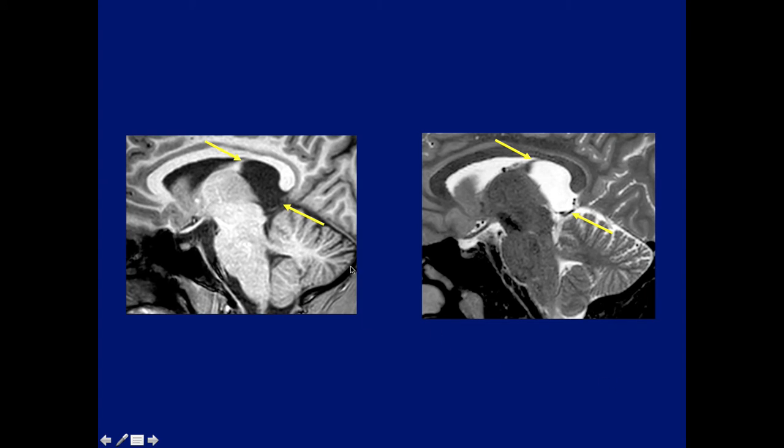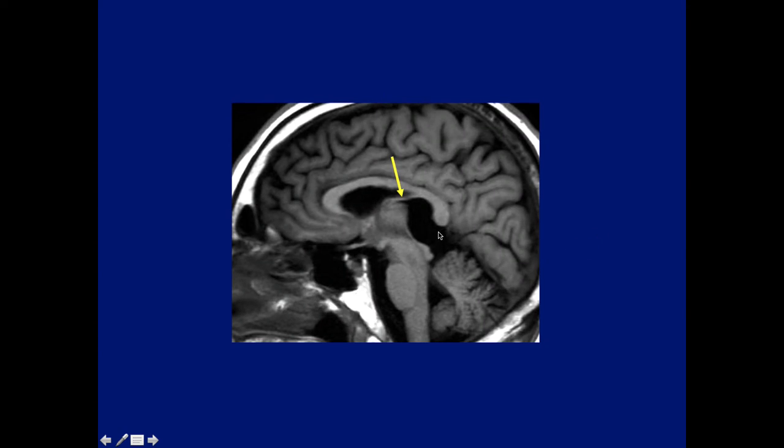Now, here again is a large one which actually extends lower down, and again you can see its proximity to the inferior colliculus and why it possibly could cause fourth nerve symptoms. Here it is on the T2. Here's even a larger one that extends more inferiorly. Notice again it's adjacent to the collicula, to the quadrigeminal plate.